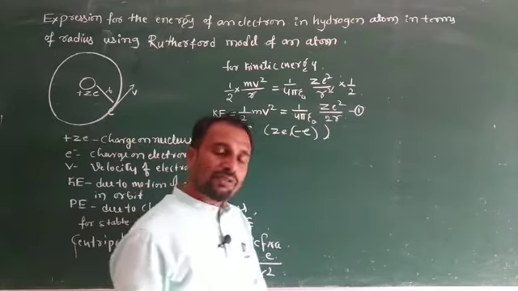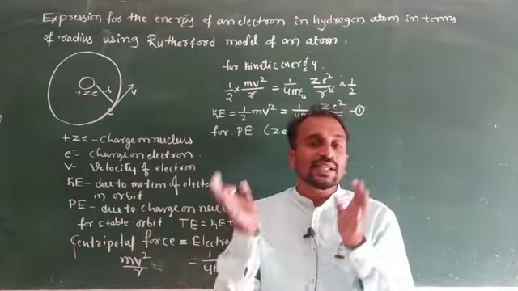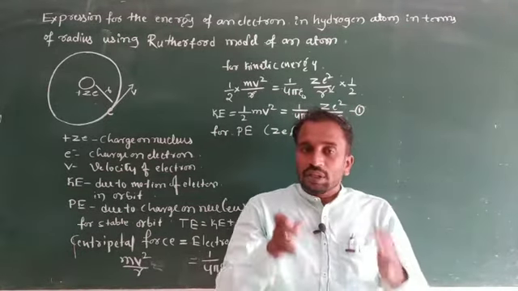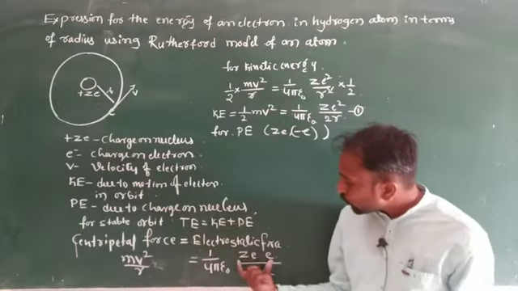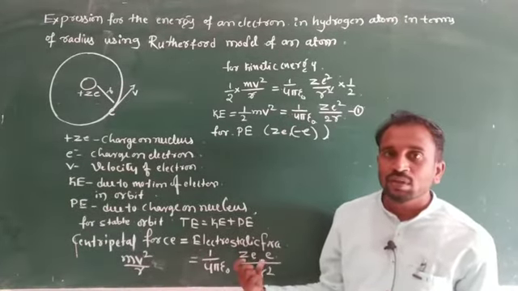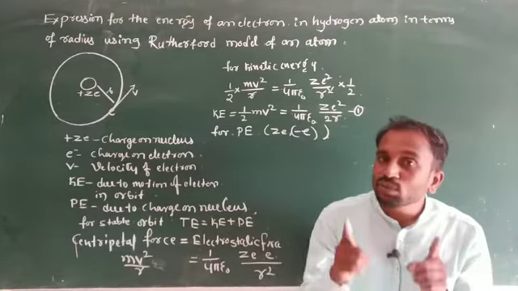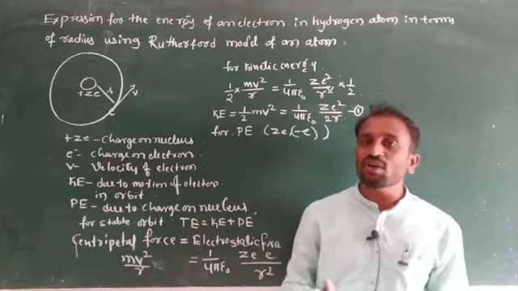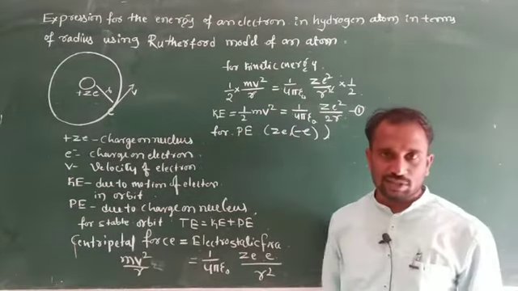To calculate potential energy, we must consider the sign of the charges, whether positive or negative. But in the Coulomb force we don't consider the sign; we consider only the magnitude of the product of the two point charges. Here we consider the sign of the charges.